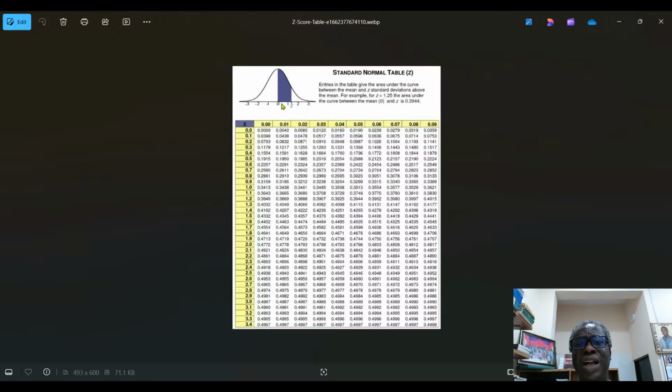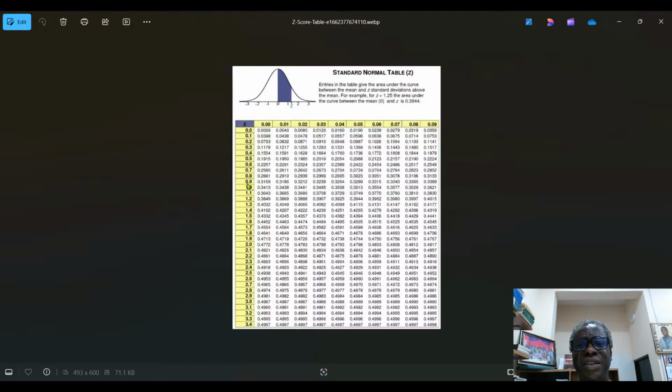So if you have a Z value, the proportion of the shaded area gives you a probability value, and that's why every value here is less than 1.